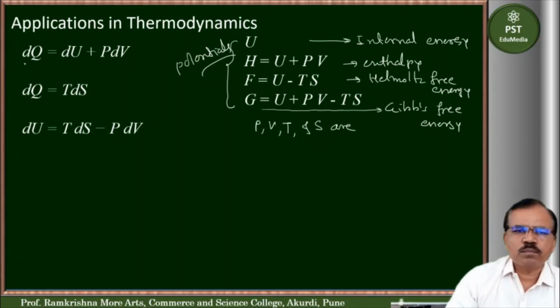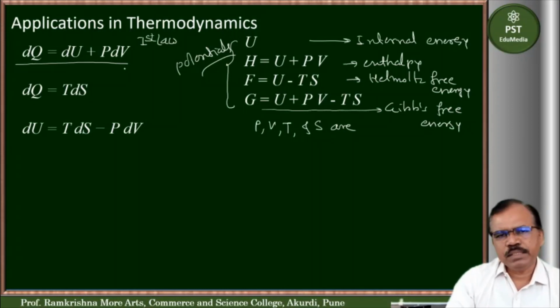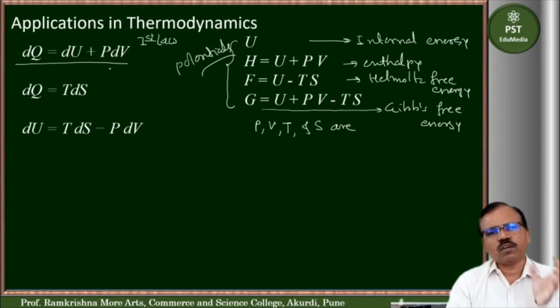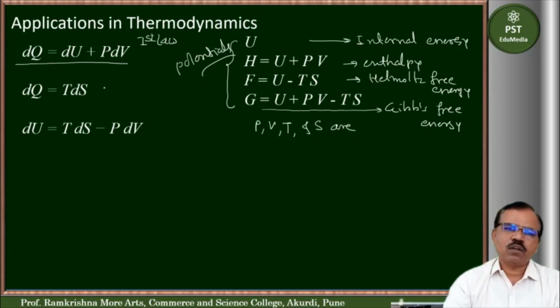Now according to the first law of thermodynamics, dq is equal to du plus pdv, meaning the amount of heat supplied to the system goes to change in internal energy plus work done. And according to the second law of thermodynamics, dq is equal to T ds, where ds is change in entropy and T is temperature.